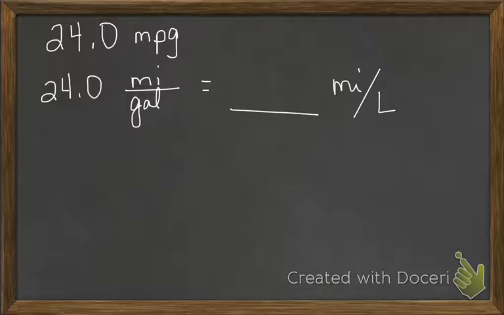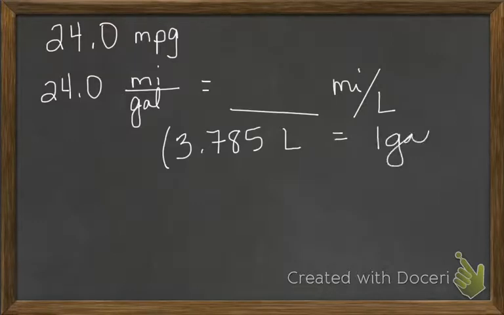We're going to need a conversion factor that shows us the relationship between gallons and liters. And I would tell you that there are 3.785 liters in 1 gallon. I wouldn't expect you to know how to go from the metric system to the English system. I would give you a conversion for that.